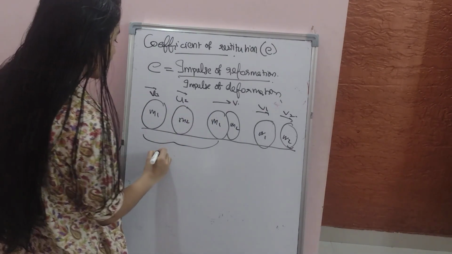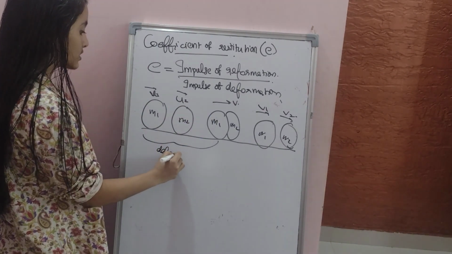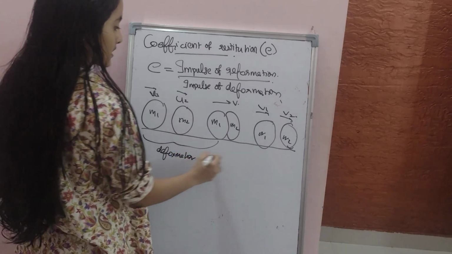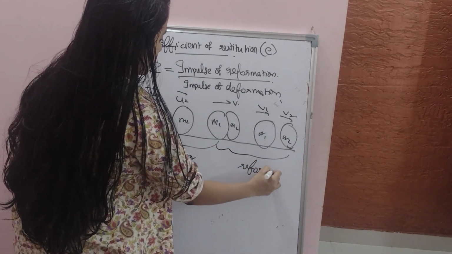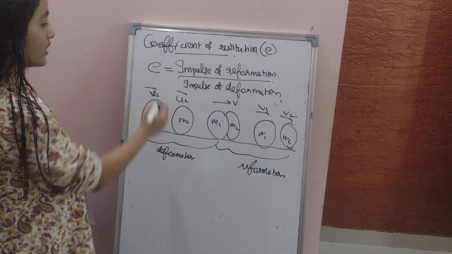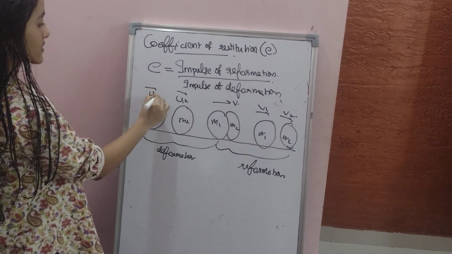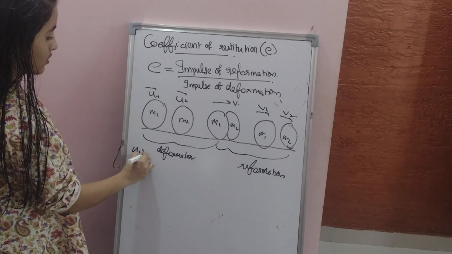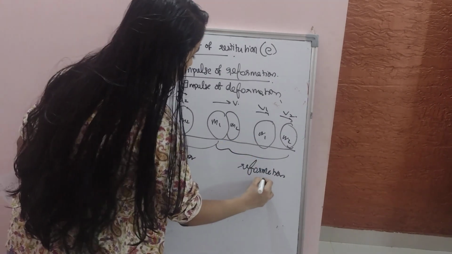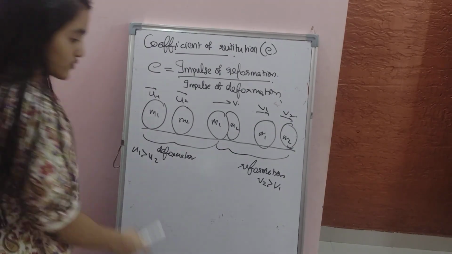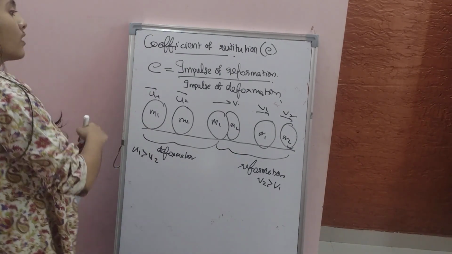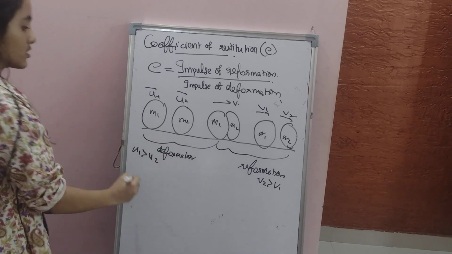This part is the deformation part and this part is the reformation part. Here we said that u1 is greater than u2, and here we say v2 is greater than v1, because of the normal force.